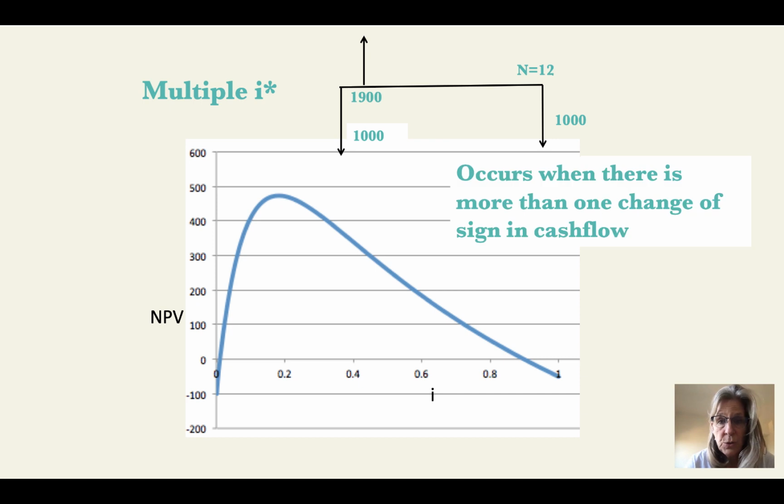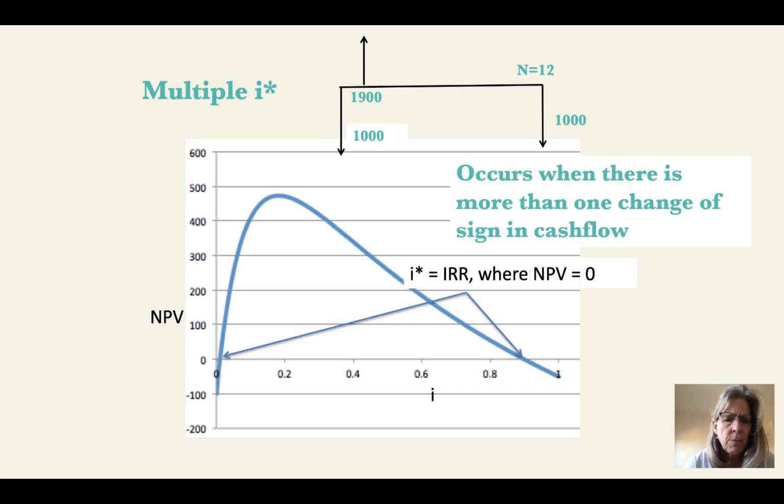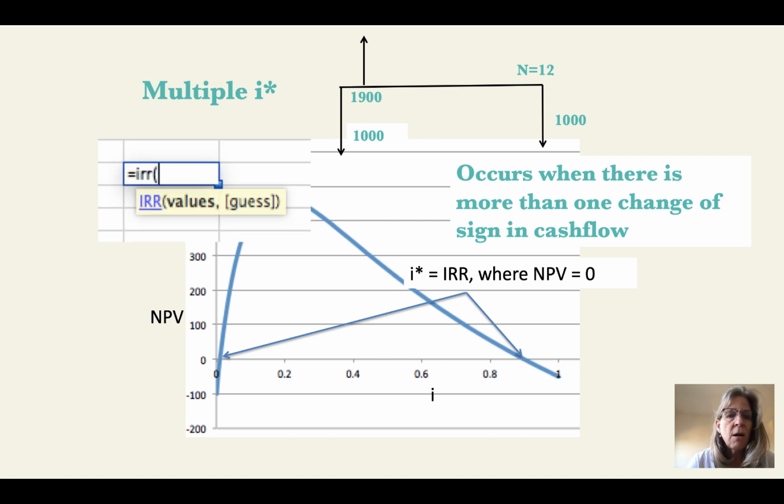It's around 1%, and then 85 or 90%. And so the question is, which is the right one? That's why in IRR they give you a guess value, because you want to have an understanding of what is a reasonable rate of return.